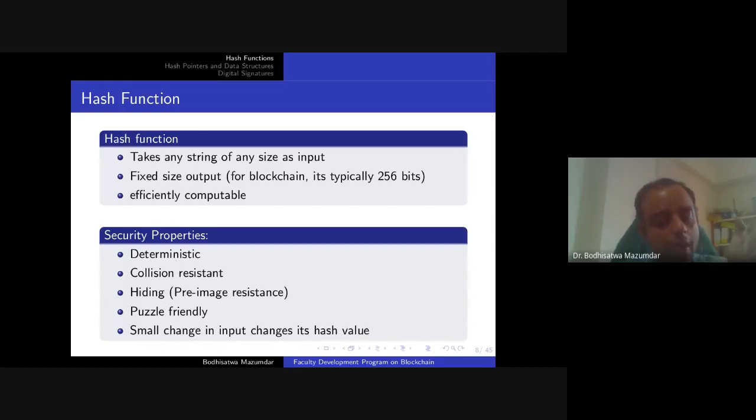If at this point of time I give an n-bit input, say all ones, and I give the same all ones input after 1 hour, this hash function should generate the same output that it has generated now. That means it should not be probabilistic. For a given input, it should always generate the same output again and again. Second, collision resistance.